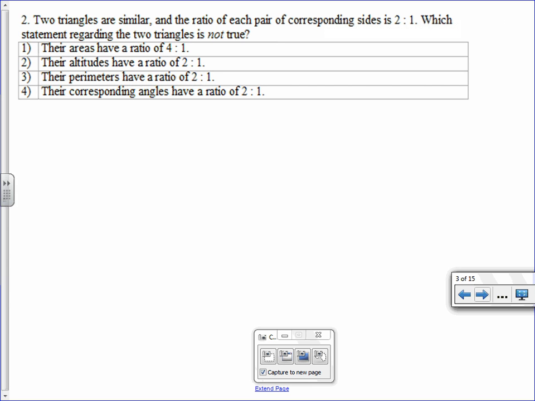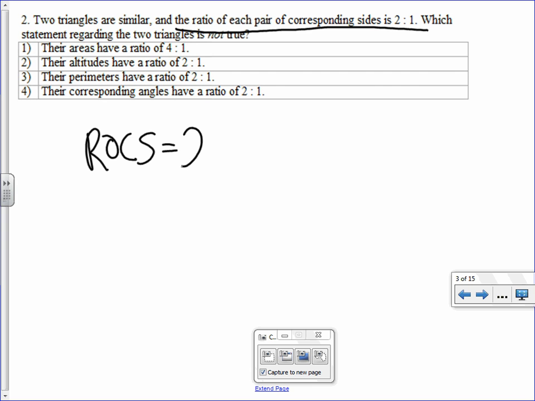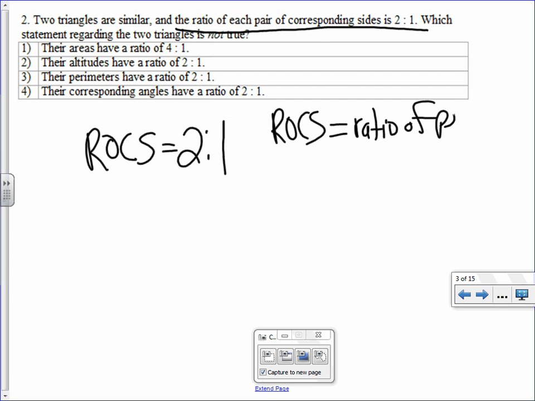Number 2, two triangles are similar, and the ratio of each pair of corresponding sides. That's your ratio. What you need to know: the ratio of the corresponding sides is equal to the ratio of the perimeters.